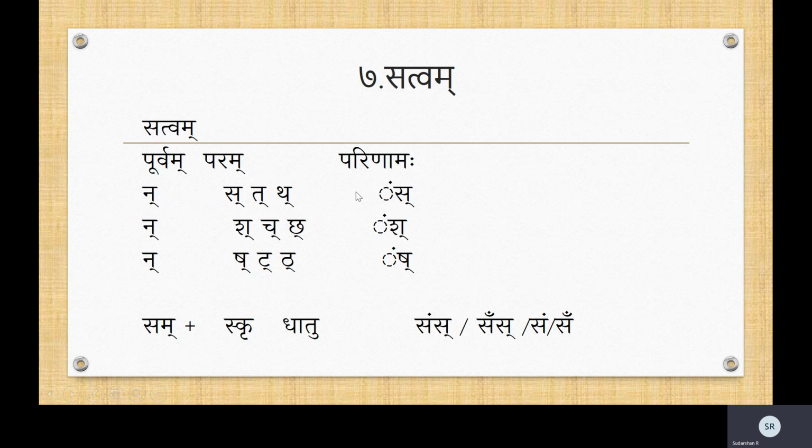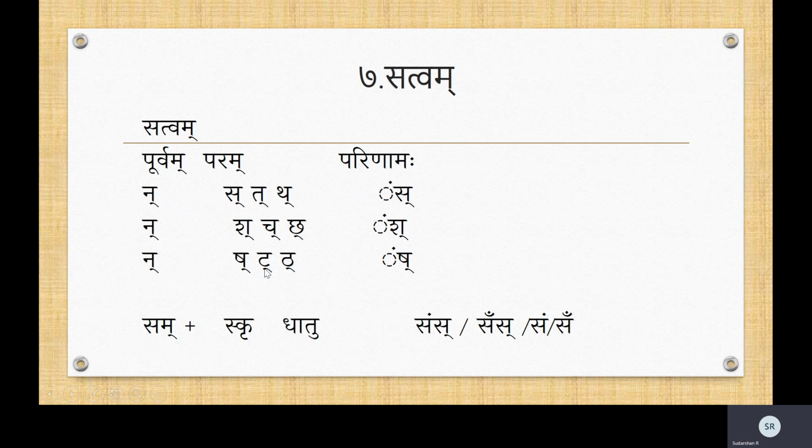So it changes to two things. It changes to the anusvara plus the avargiya vyanjana closest. Similarly with cha or cha, who is its neighbor? Closest neighbor is sha in the avargiya family. So na changes to sha, but also because of its nature of being a nasalized sound, it also changes to the anusvara.